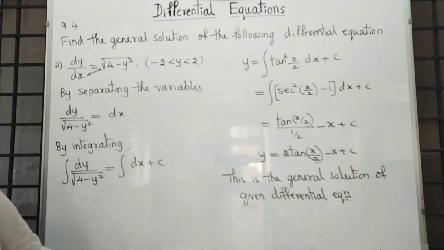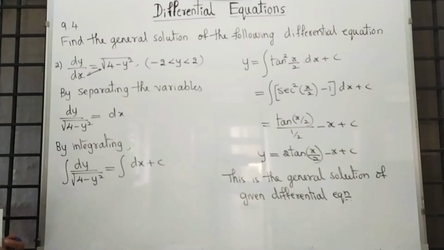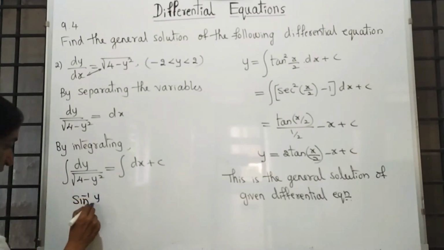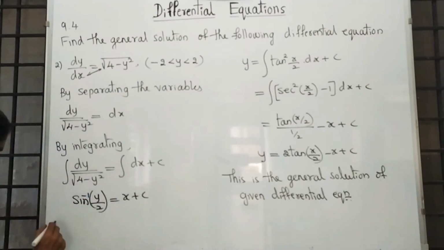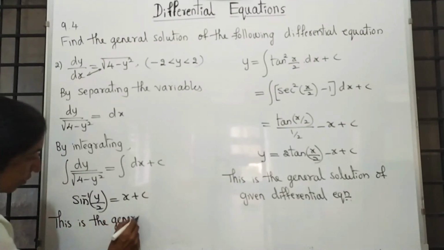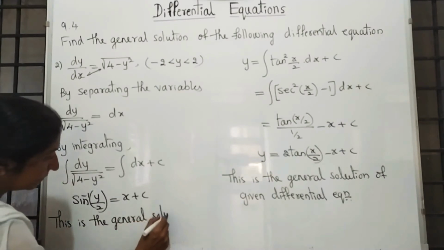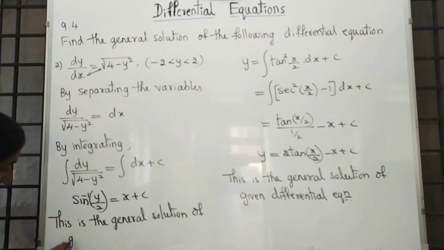Dx means it is nothing but 1 into dx plus c. It is in the form of 1 upon root of a square minus x square, that is sin inverse y by 2 is equal to x plus c. This is the general solution of given differential equation.